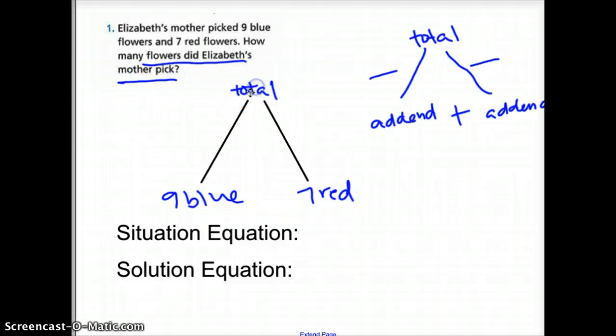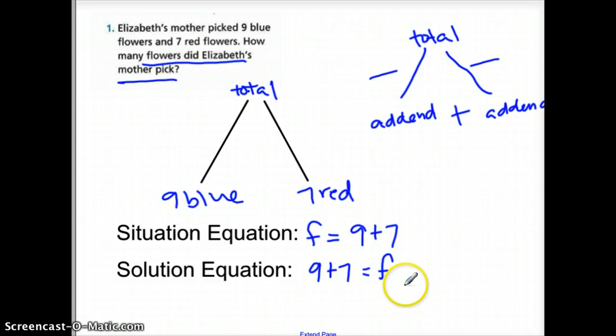So that's our total. So our situation equation would be F, which is the flowers, equals 9 plus 7. To solve that, I would do 9 plus 7 equals F. And I know that 9 plus 7 equals 16. So F equals 16 flowers.